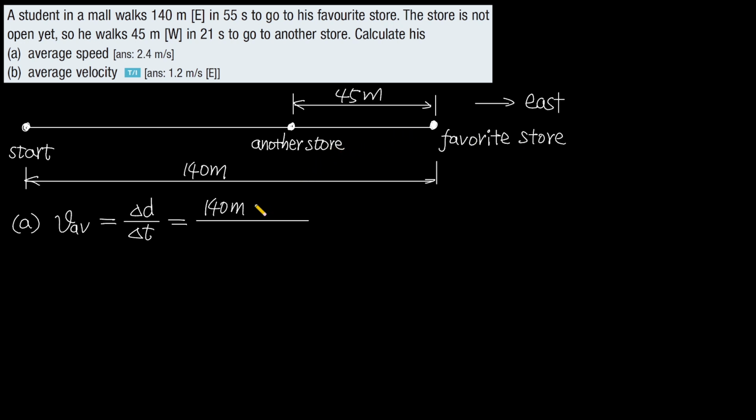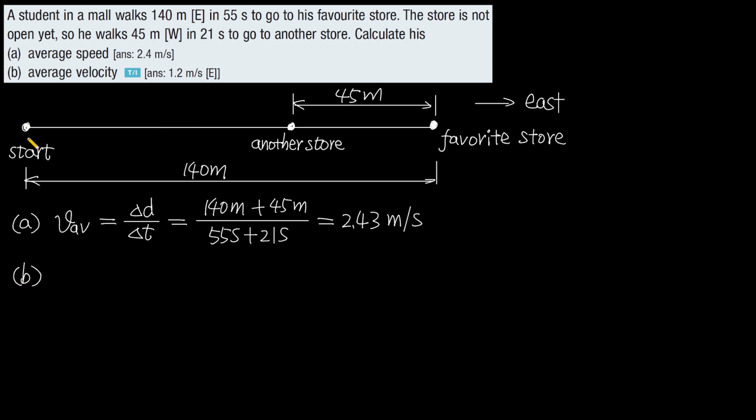It's 45 meters. So the total distance is 140 meters plus 45 meters. And the total time interval is 55 seconds from the start point to the favorite store plus 21 seconds from the favorite store to another store. So this equals 2.43 meters per second.